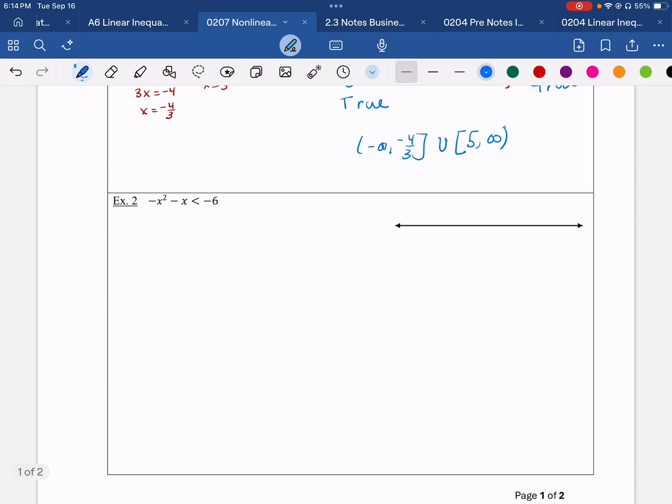So now we're going to do the same thing. Negative x squared minus x is less than negative 6. Oops, make it equals. I'm going to add the 6 over. I'm going to take out the negative to make my leading coefficient positive. So now what two numbers multiply to give you negative 6 and subtract to give you 1?